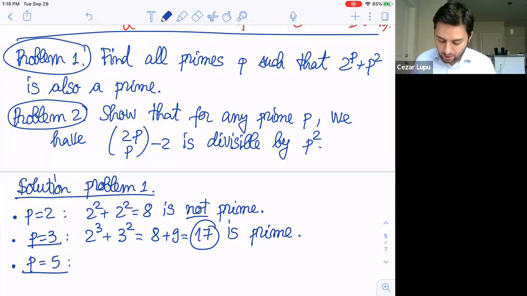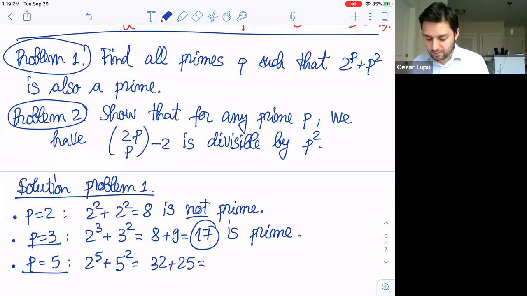For p equals 5, we have 2 to the 5th plus 5 squared, which will be 32 plus 25, which will be 57. Oh, sorry, 57.